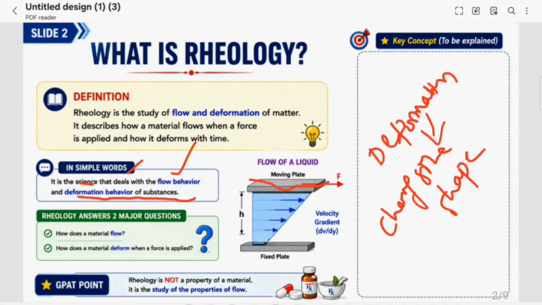Rheology answers mainly two major questions: how does the material flow, and how does the material deform, that is, change in shape and change in size when the force is applied. From the GPAT point of view, rheology is not a property of the material, it is the study of properties of flow.